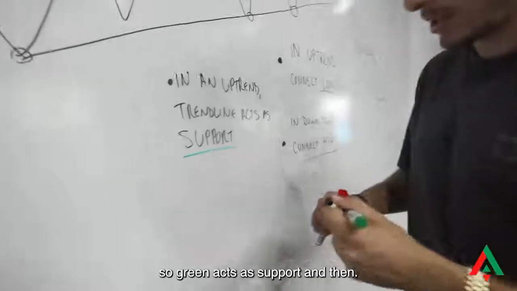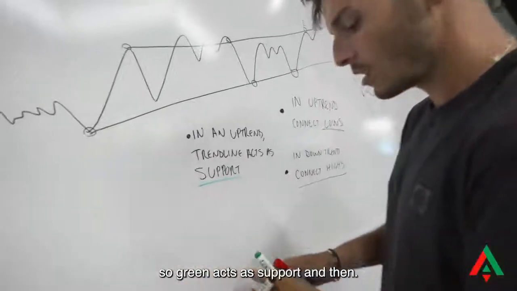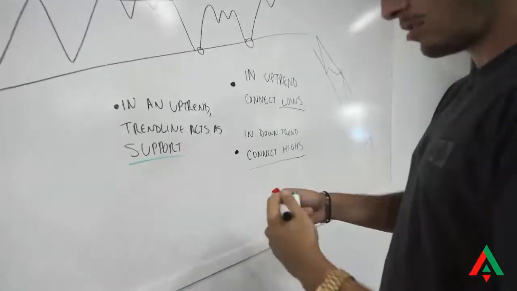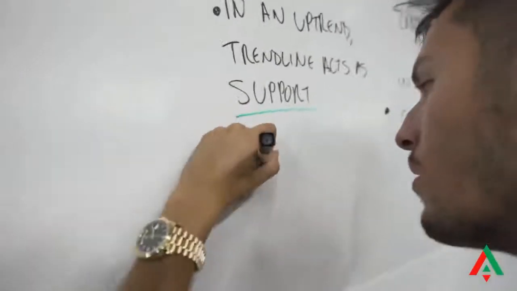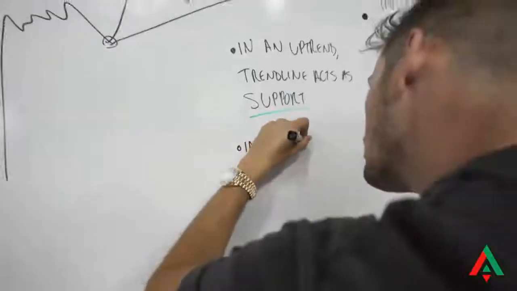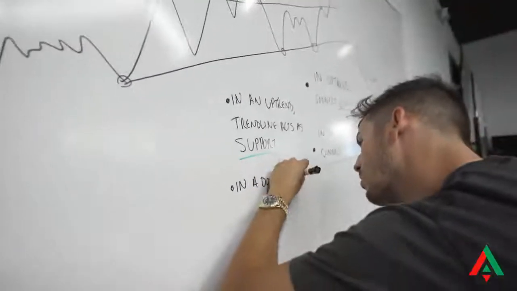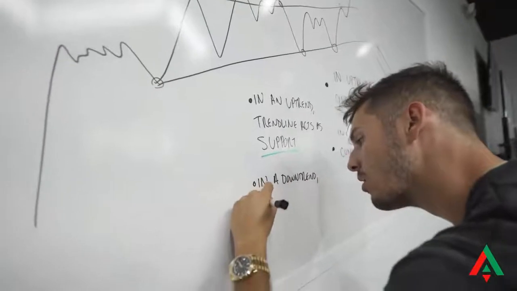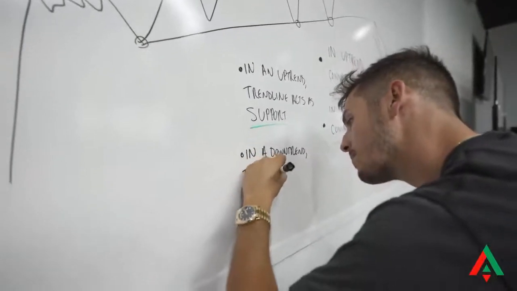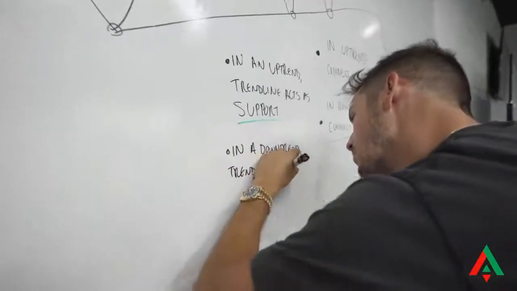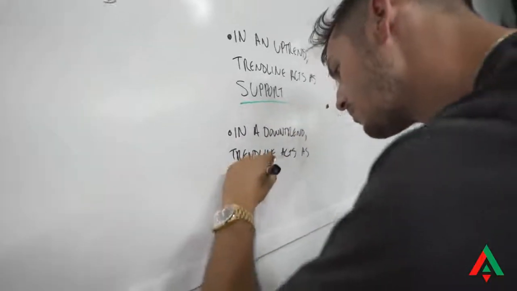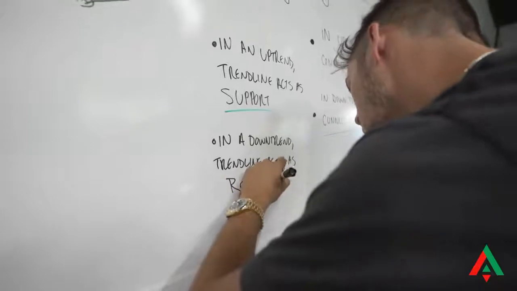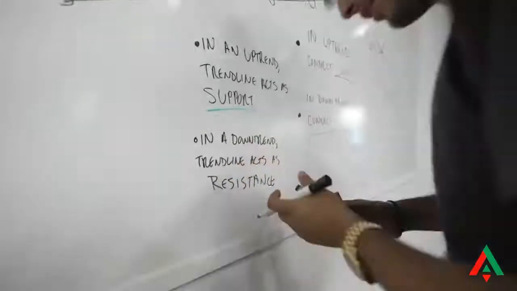Green acts as support, and then in a downtrend, as resistance.